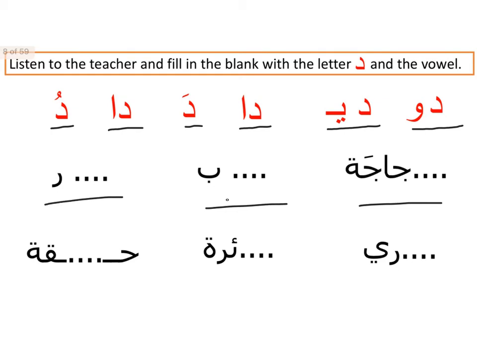I'm going to help you with the first one to show you what we need to do. For example, the first one is da, ja, ja. So the missing letter is just da. So which one you need to fill in the blank? This one. So you need to write here da. Did you get it? Now bring a piece of paper and copy the words with the blank and then get ready to do the spelling.